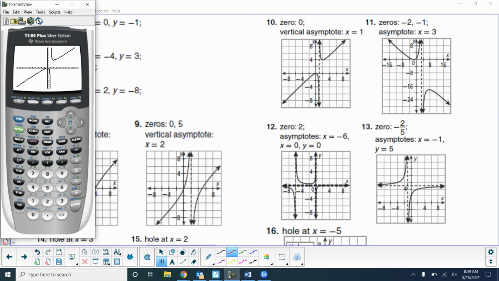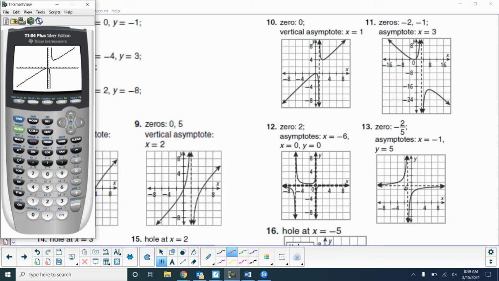Okay? When the degree of the bottom one's bigger than the degree of the top one, what did we say it was? Y equals 0. Okay? So here are your horizontal asymptotes. Listen again. If the degree of the top one is bigger than the degree of the bottom one, there is no horizontal asymptote, like number 10.